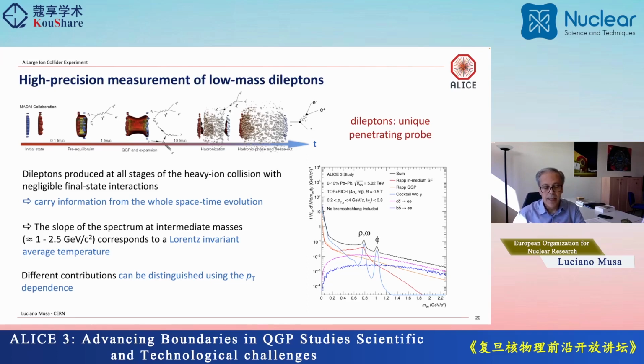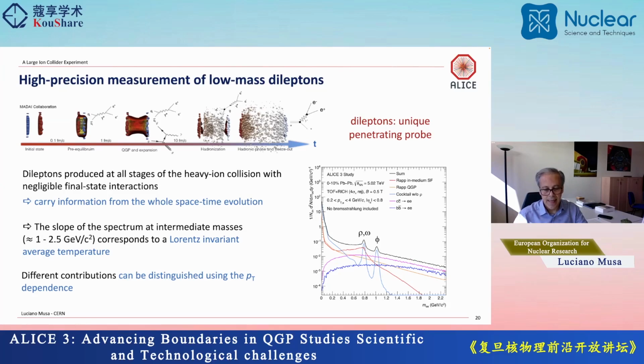Now, the temperature can be inferred from the dielectron excess in the intermediate mass region between the phi and the J/psi masses.